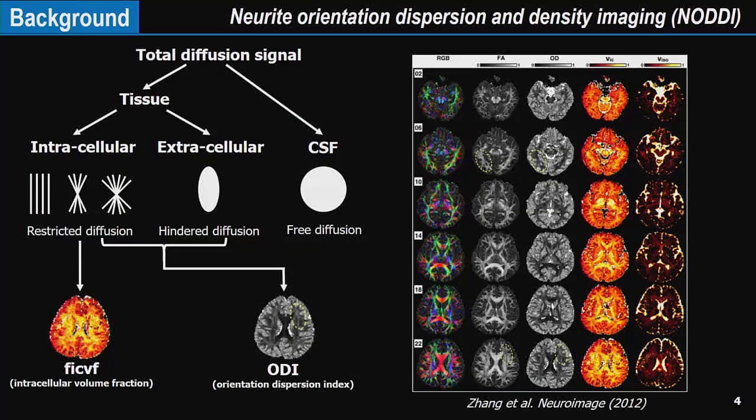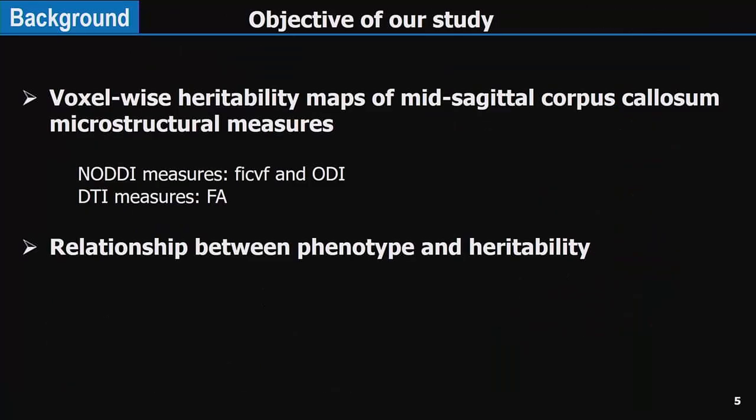So more recently, the NODDI method provides us two finer-grained diffusion measures, that is the FICVF and ODI. The FICVF is the intracellular volume fraction, which estimates the neurite density, while ODI is the orientation dispersion index, which can reflect the angular variation of neurites.